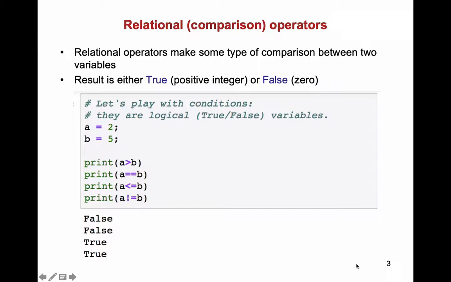Otherwise, you can't make a decision. So in that sense, we need to introduce what's called relational operators. So if I have two numbers, I'd like to know which one is larger, which one is smaller, are they equal, are they different, and so forth. So let's play with that.